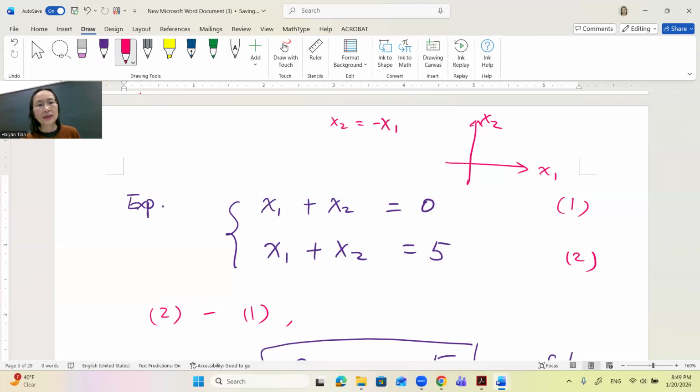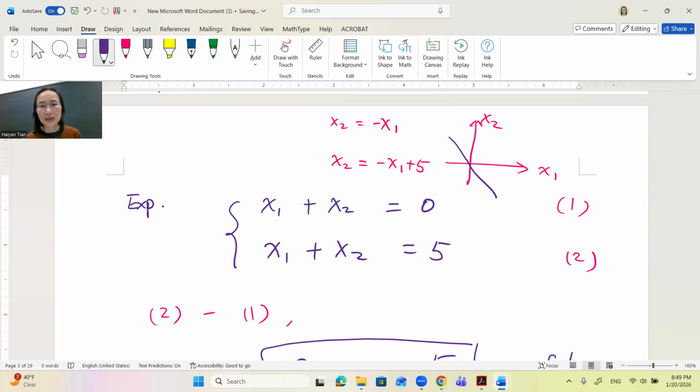So if I draw the line, it is a line with a slope of -1. And the second equation is the same as x2 equals negative x1 plus 5, if I rewrite it.